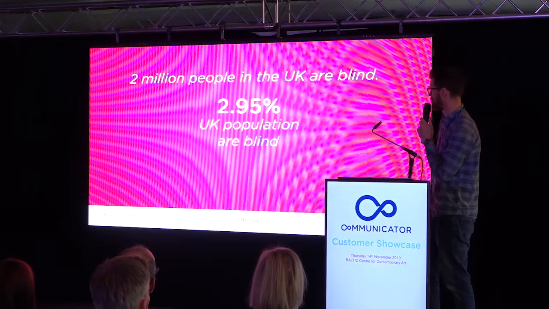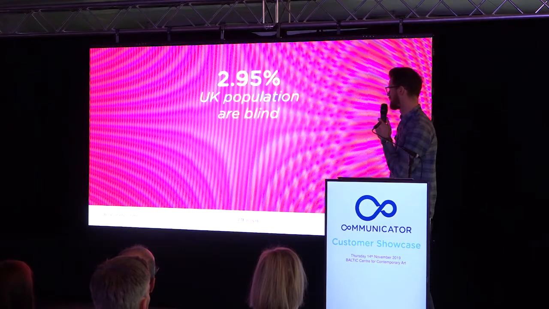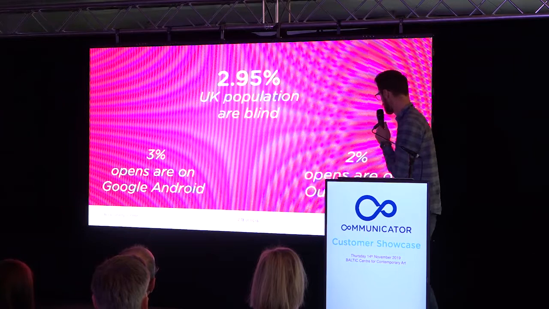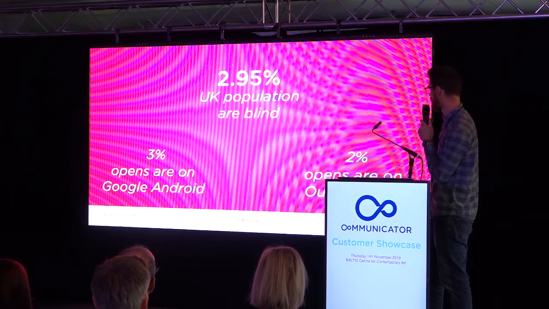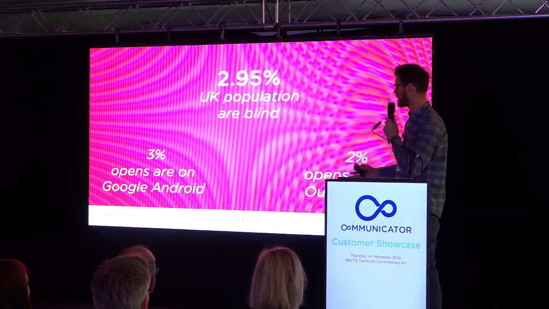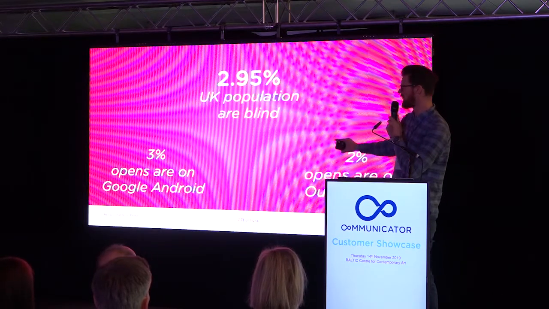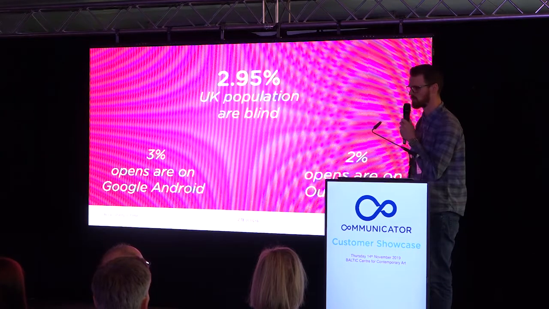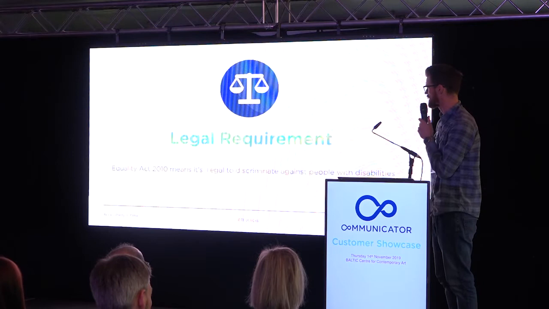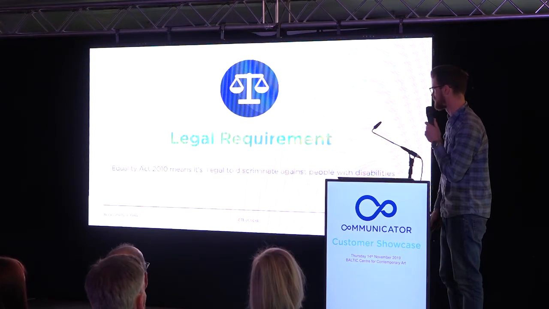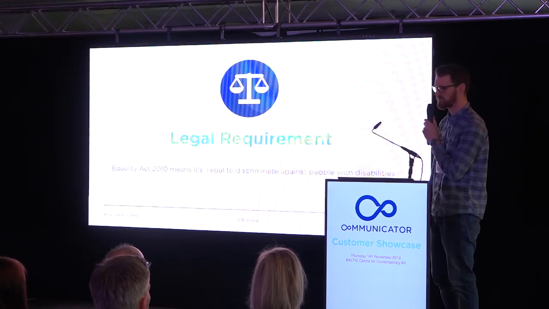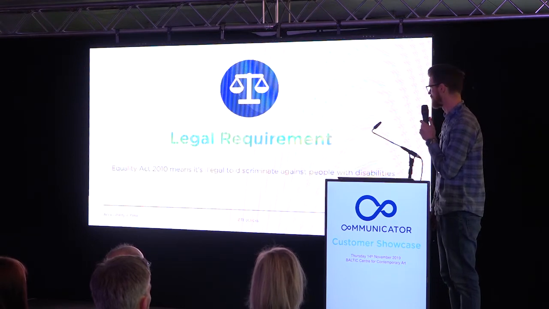So that sits in between an open rate of 3% on Google Android and 2% opens on Outlook.com. So are you designing for these devices in mind, but not thinking about people that can't visually see it? Another reason why it's important: it's a legal requirement. The Equality Act of 2010 means it's illegal to discriminate against anyone with a disability.